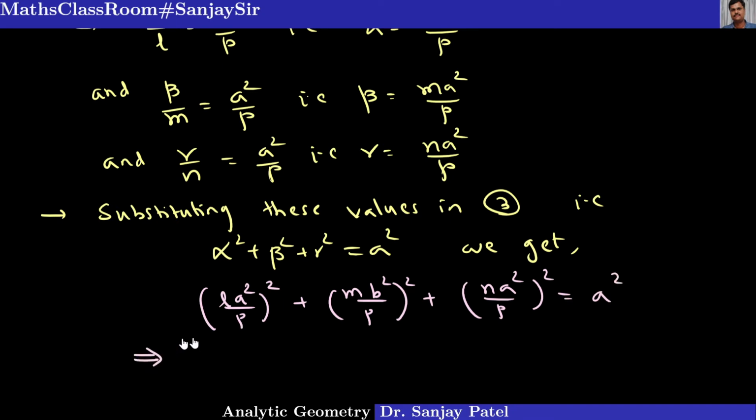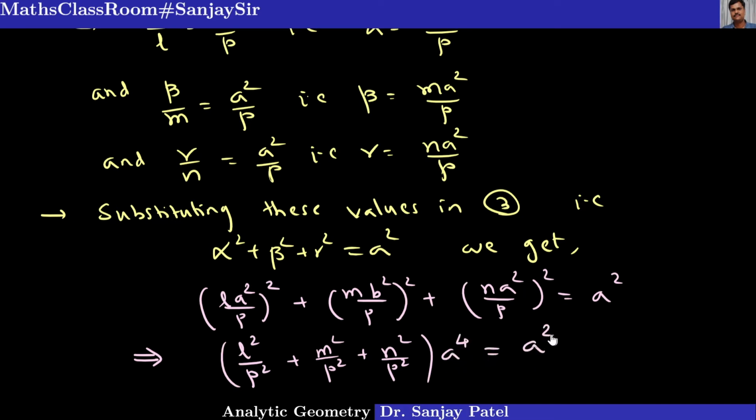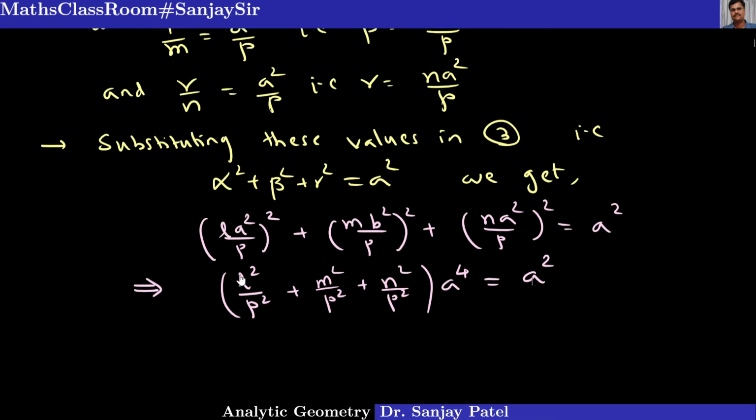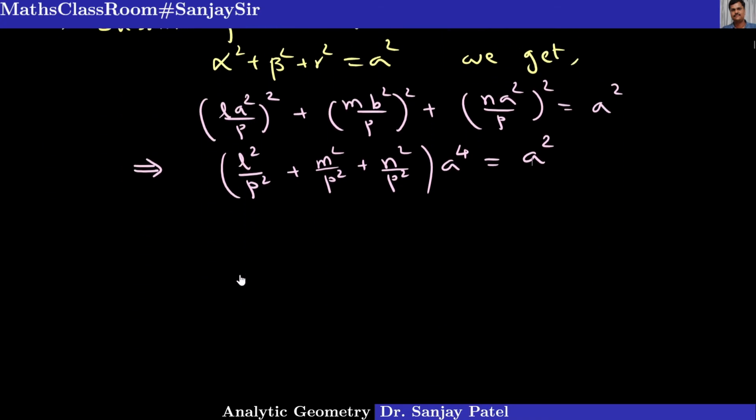So if you simplify this, we will get L square, this is A raised to 4, and A raised to 4 is common, so I am writing L square upon P square plus M square upon P square plus N square upon P square, and A raised to 4 is a common factor in all these three terms, is equal to A square.